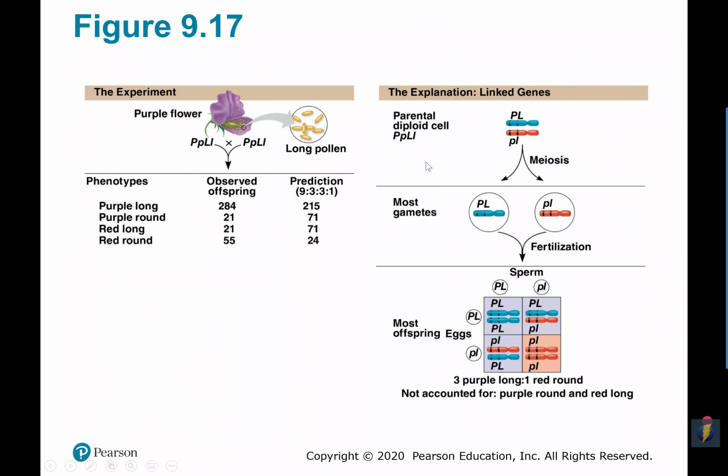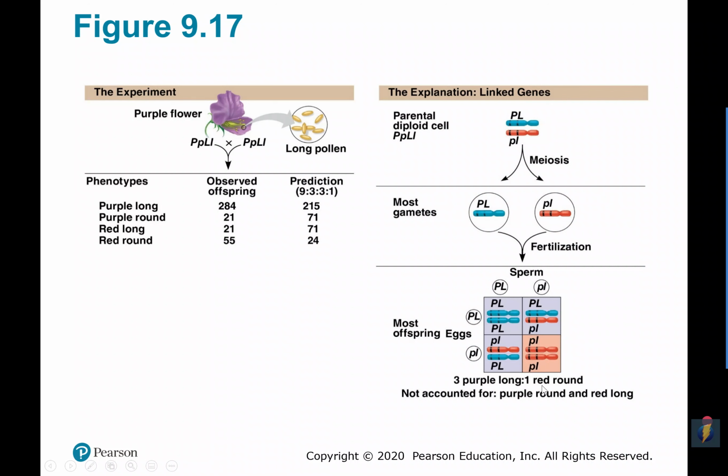And so what they found was that the gene for flower color and the gene for pollen length are located on the same chromosome and are inherited together.